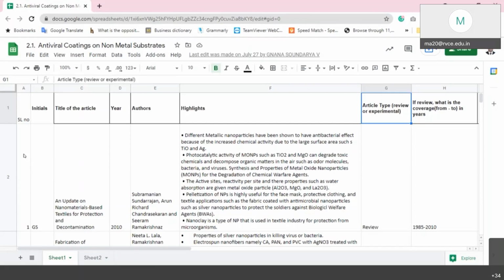So an experimental paper or a research paper is a journal article where you get to see the results of an experiment that was carried out by a group of researchers. Okay, so they defined the topic, they did some literature study, they found out the gaps, then they planned their experiments, they carried out the experiments, and they got some results. All these things are explained in a research paper.